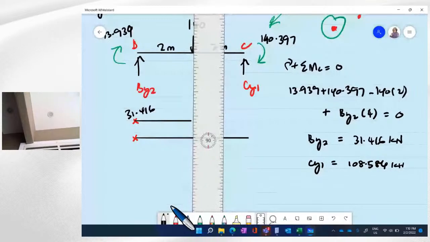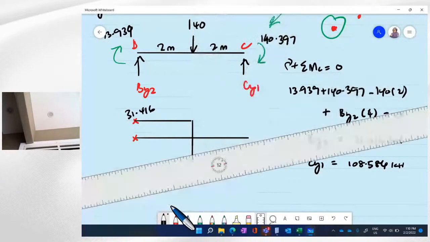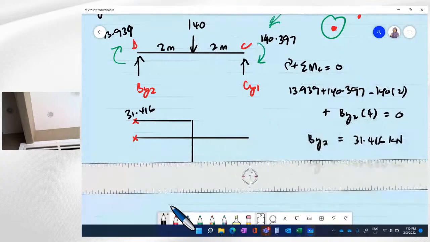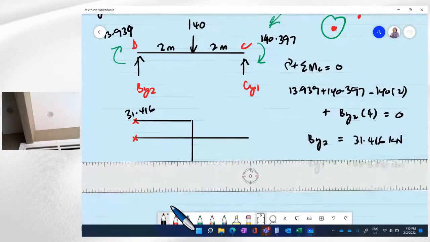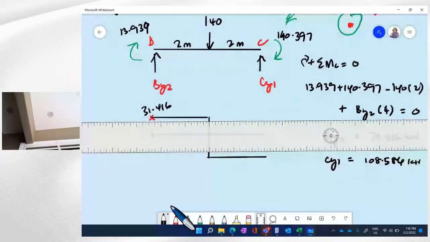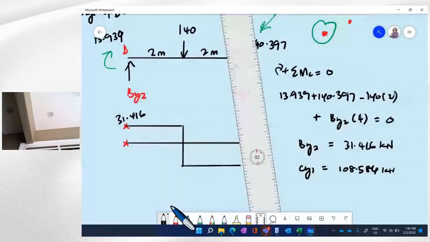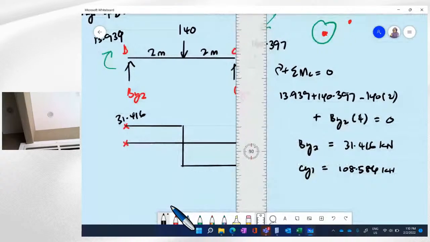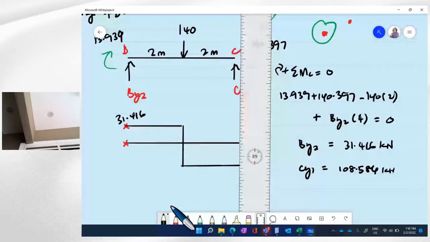And then we get negative 108.584. And then we plus back with CY1, which is equal to positive 108.584.